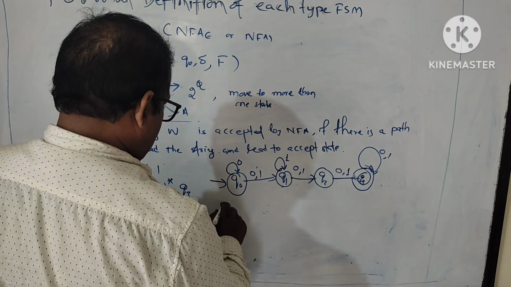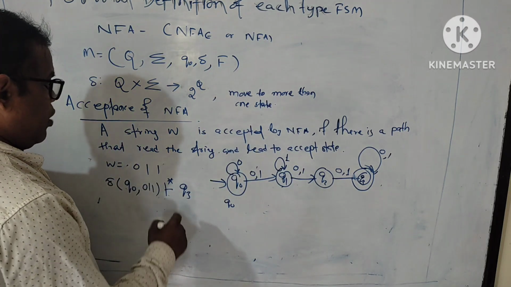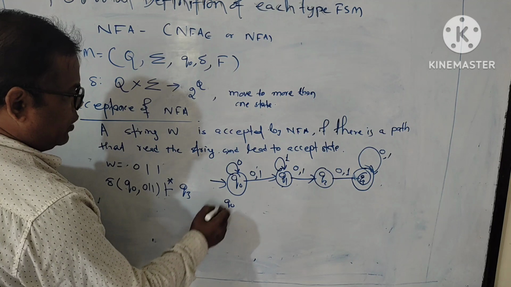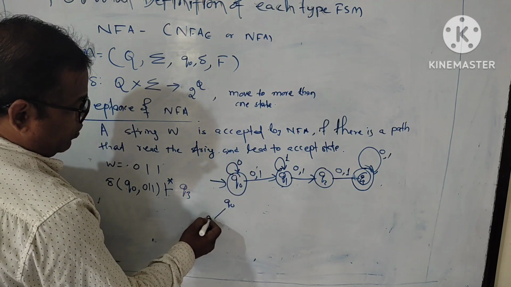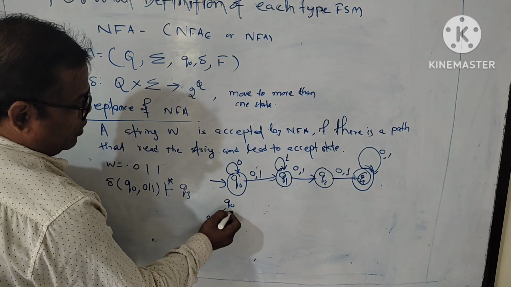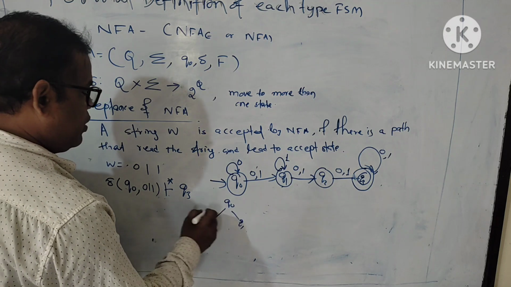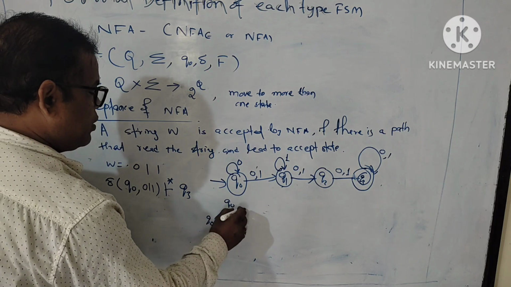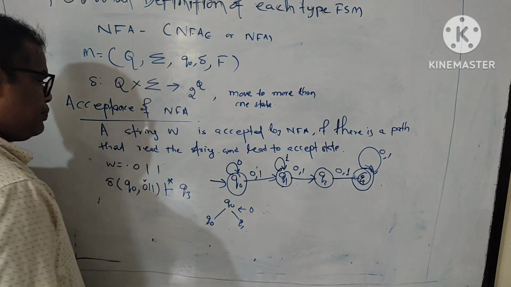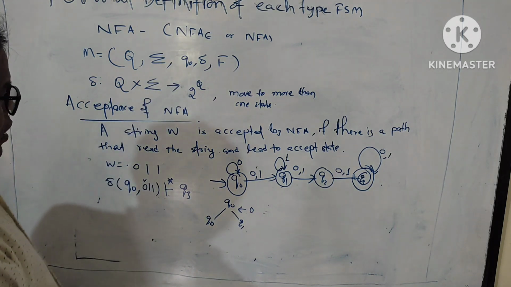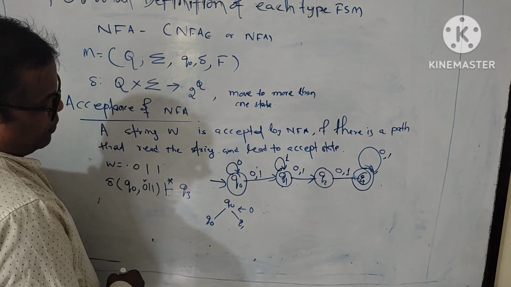What I have to write here? You are in the initial state Q0. Now if I am reading 0, look at how the control moves. If I read 0, it may go to the same Q0 or it may go to Q1. Now we have to go for the 1.